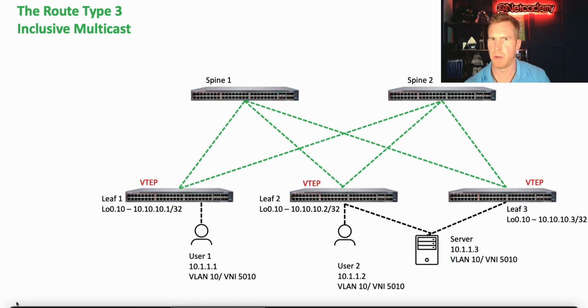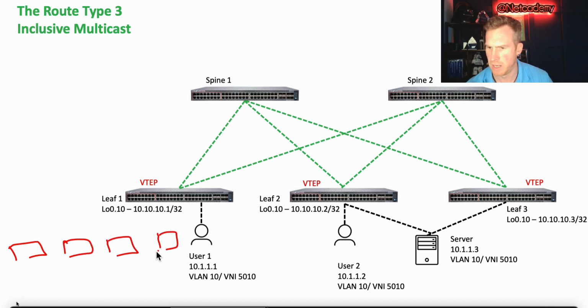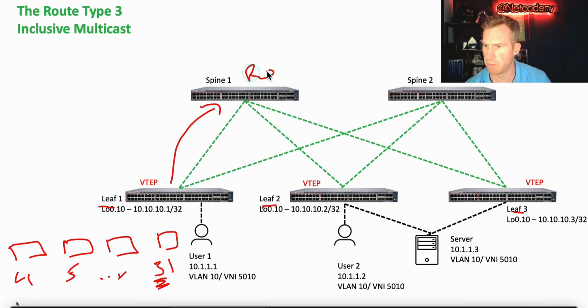But in such a small network, as it's on the diagram, that's not really that significant. But if you think about it, if we've got another leaf here and another leaf here, and this is leaf 4 and this is leaf 5, and say this is now leaf 31, so we've got 31 leaves in total, we have only sent one copy of that BUM traffic up to spine 1, the rendezvous point.